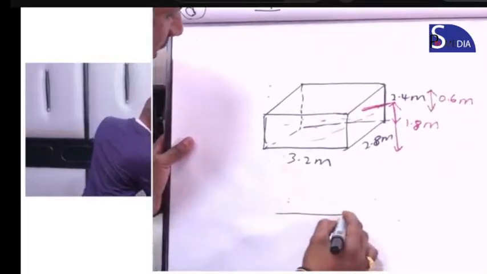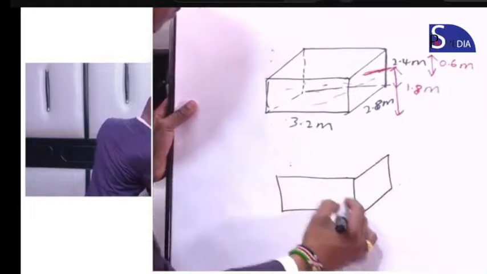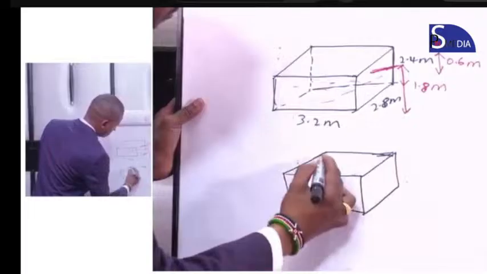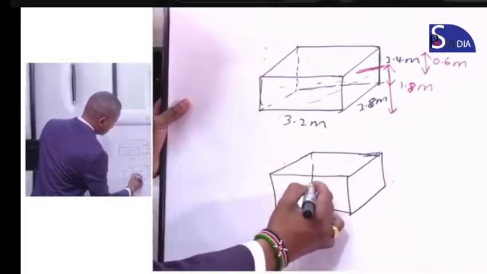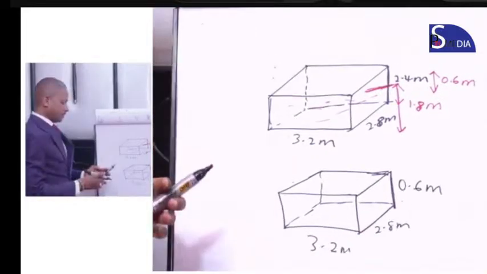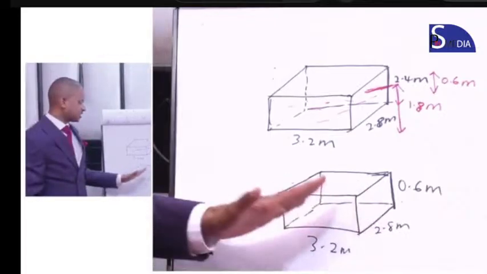So we draw a new rectangular tank. This is 3.2 meters. They want you to find the area that is not in contact with water.